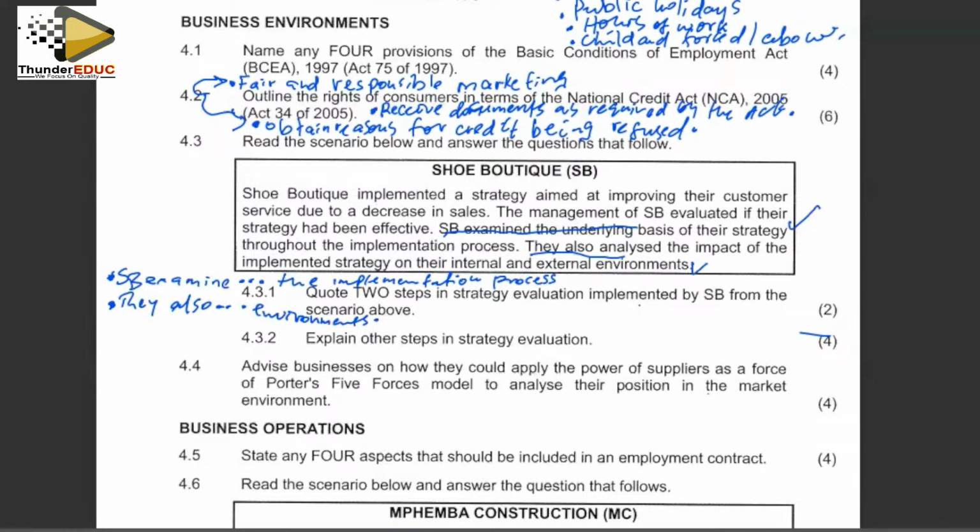We are saying that decide on the desired outcome, and also we are saying that set specific dates for control and follow-ups.